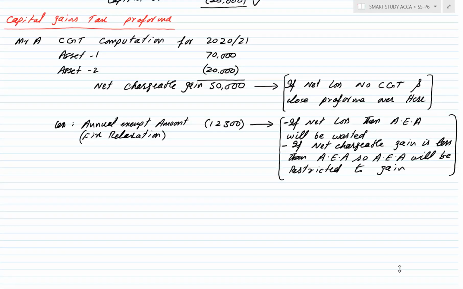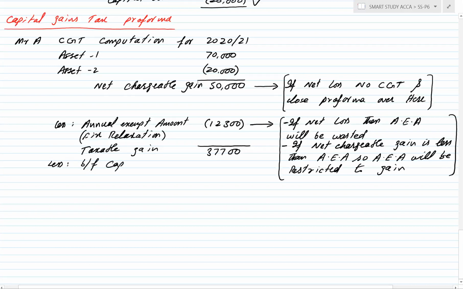Now, can you please tell me the answer over here? 50,000 minus 12,300. It should be 37,700 if I'm not wrong. It is called taxable gain. If we have any brought forward losses, we are going to deduct them over here.